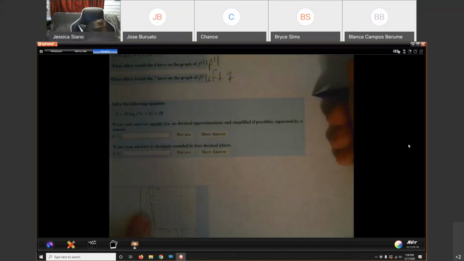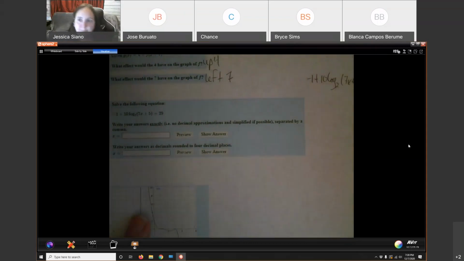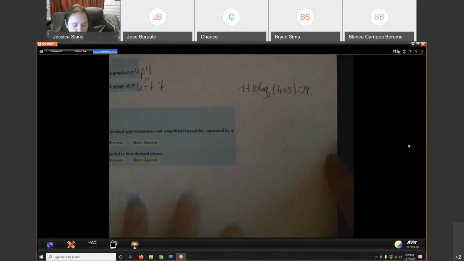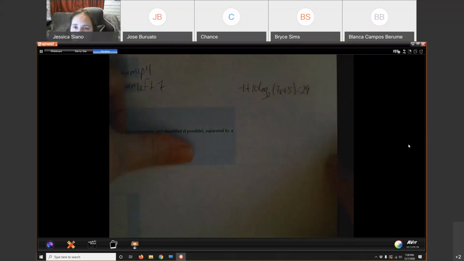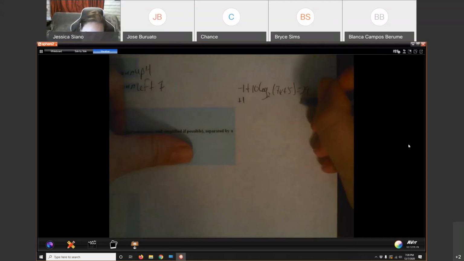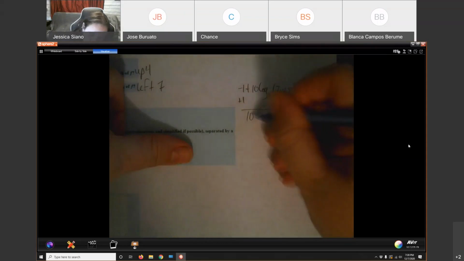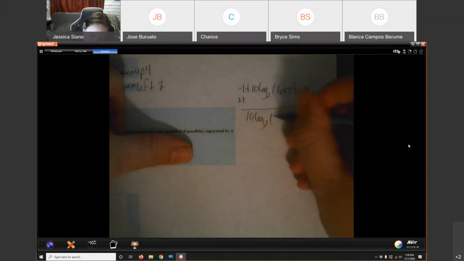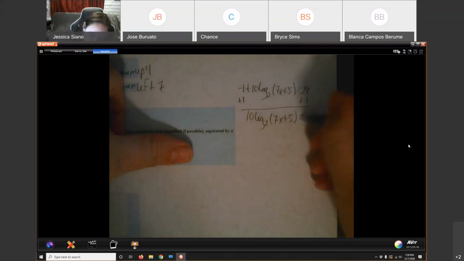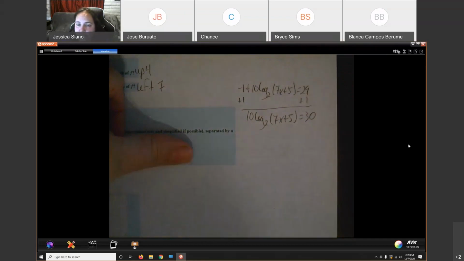I'm going to rewrite this one over here where I have some room. So when we solve this, we need to get the log by itself first. So we'll add the 1. And then divide by the 10.